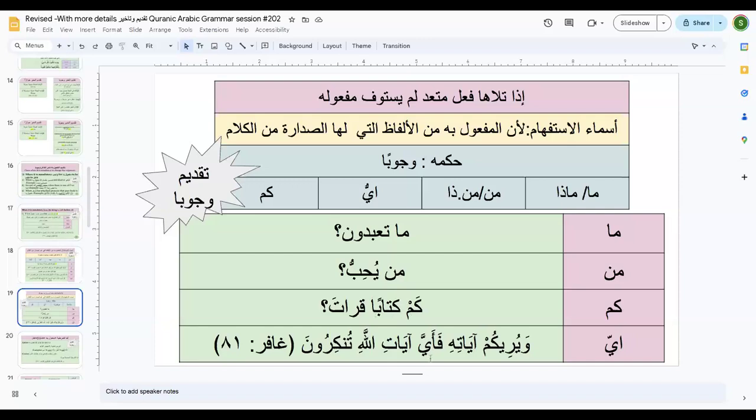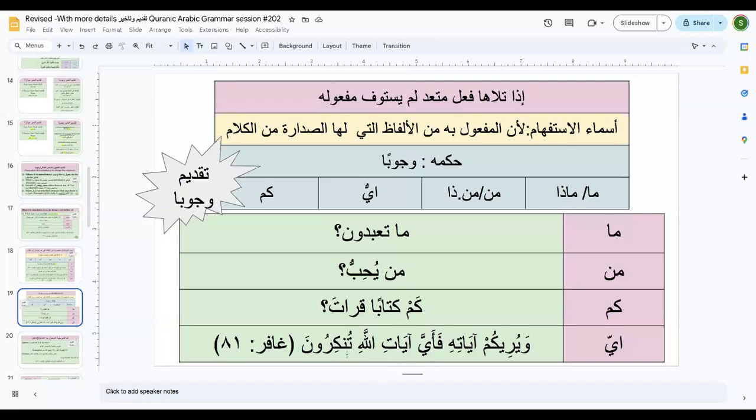The last example on my screen for you all is from Surah Ghafir, verse number 81. فَأَيَّ آيَاتِ اللَّهِ تُنْكِرُونَ. Ayya ayatillah. Can you connect all these three words together? Two idafas. Ayya ayati, one idafa.